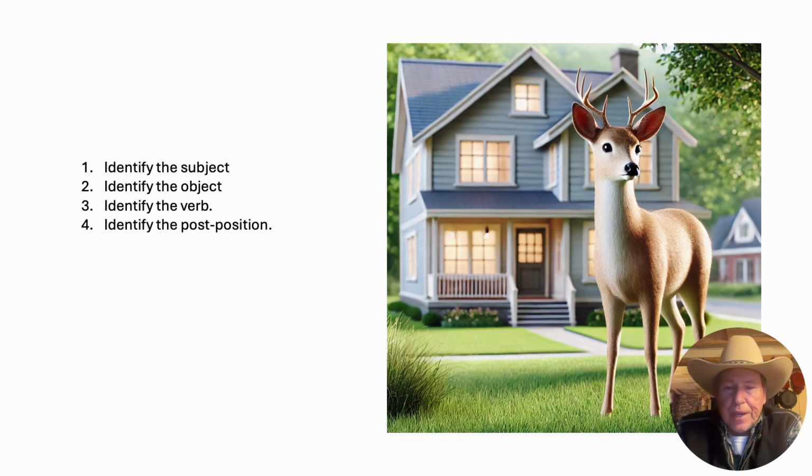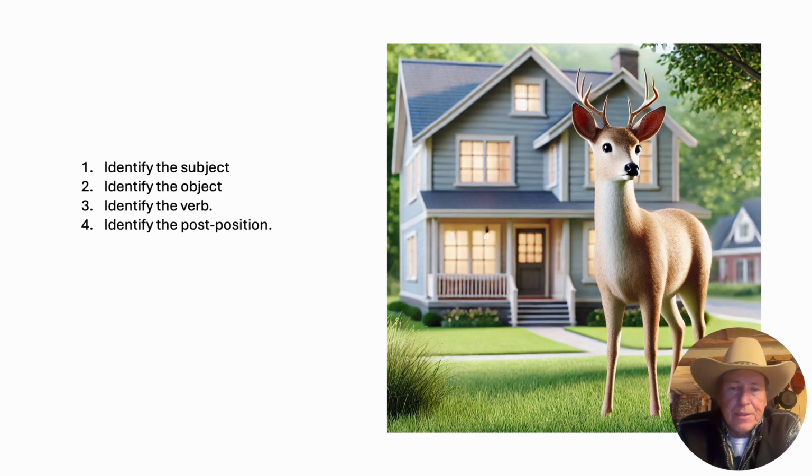So in this case, the subject is the deer, takhja. The object is the house, tipi. The verb, what is he doing? He's standing, so naji. And then identify the postposition. So he's in front of the house.